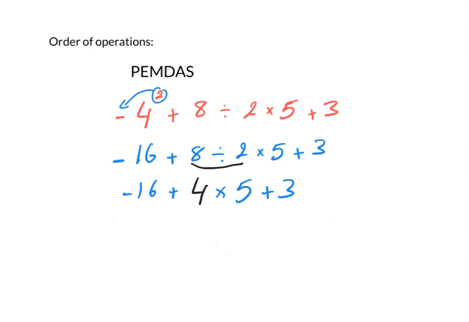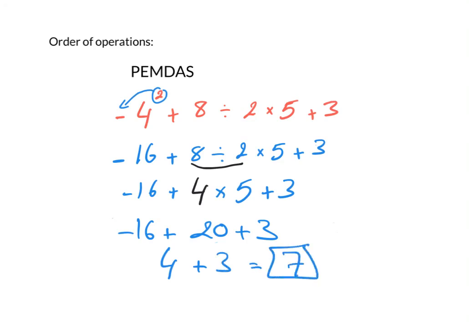The next step, I have addition, multiplication and addition. So the priority will be given to multiplication. So we're going to have negative 16 plus 20 plus 3, because 4 times 5 is 20, right? Now let's work from left to right here. We got negative 16 plus 20, that will be 4, plus 3, and the answer is 7.